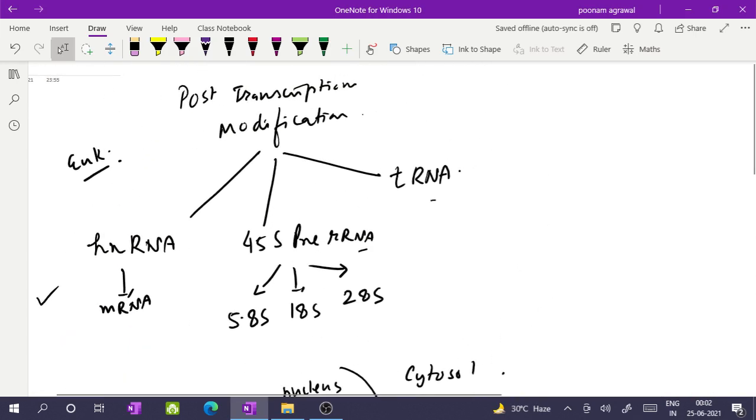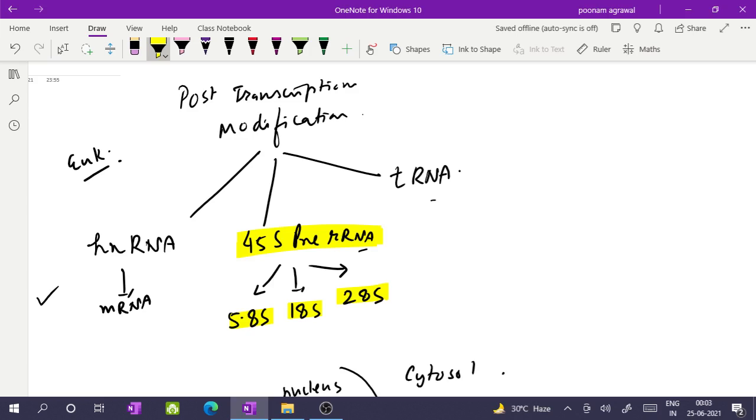In a similar fashion, coming to the post-transcriptional modification of 45S pre-rRNA, which is produced in the nucleolus by RNA polymerase 1, it is cleaved, making 5.8S, 18S and 28S rRNA, which are going to play a role in making of the ribosome. And the ribosome is the machinery which is involved in the translation process.